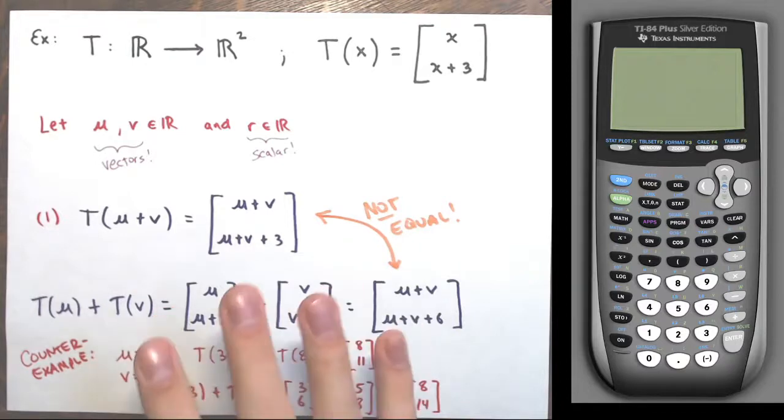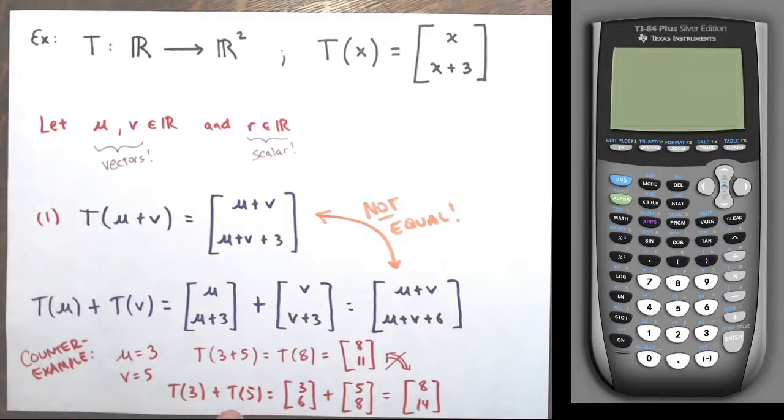So again, you don't need to move on to the homogeneity property. Now you might come across some examples where the additivity property holds, but not the homogeneity property. Just know that those are out there. I haven't really shown you one here, I'm sorry. There are some transformations you're going to come across where one property holds but the other one doesn't, or both properties don't hold.